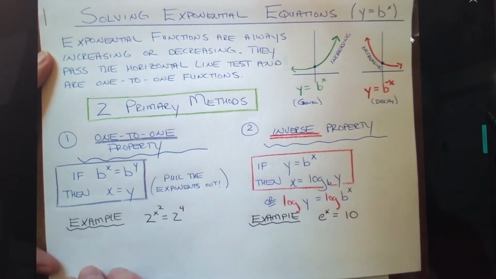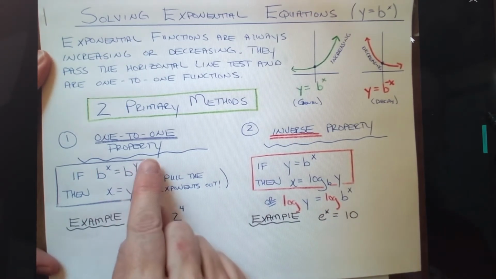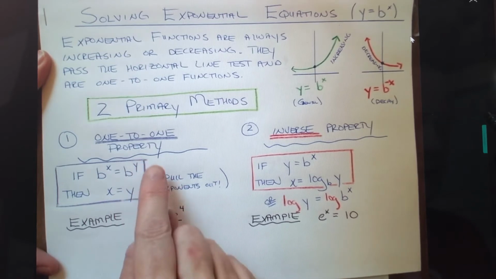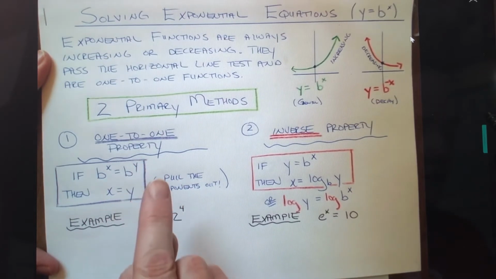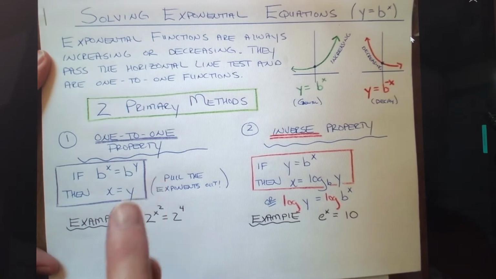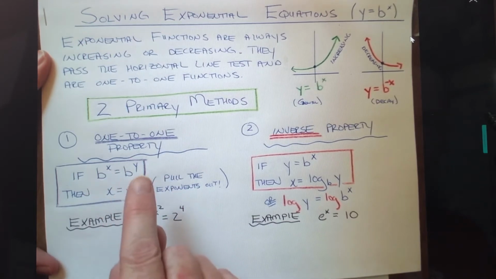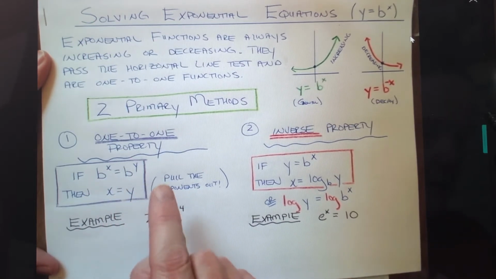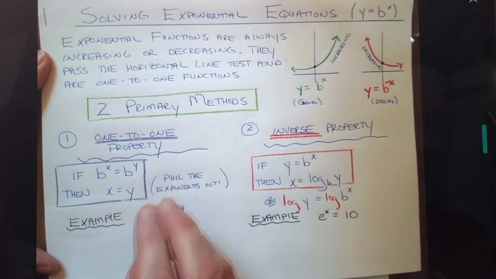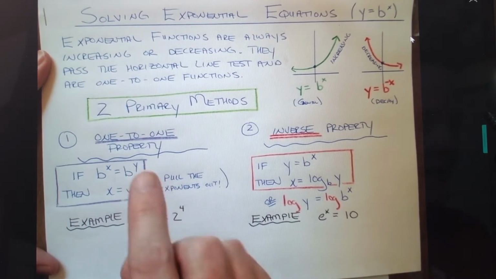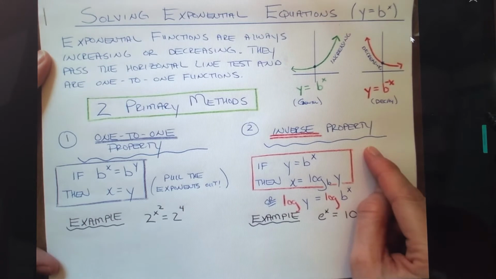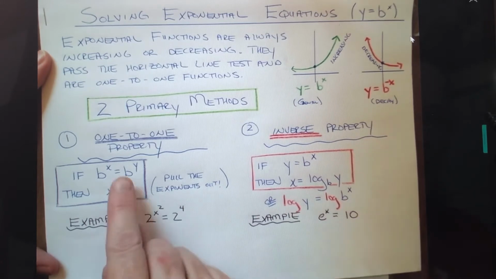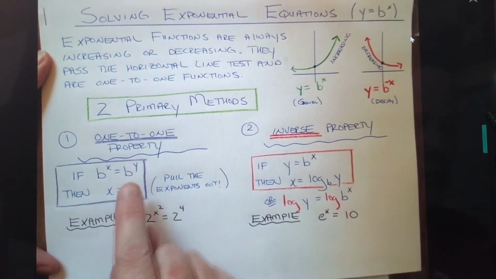Which method should you use? The one-to-one property method is the slickest, most efficient way to solve these. The problem is not all exponential equations are one-to-one. So if your problem is not in the one-to-one format, then you'll go use the inverse property instead. If something is in the one-to-one format and you don't recognize that, you could go use the inverse property.